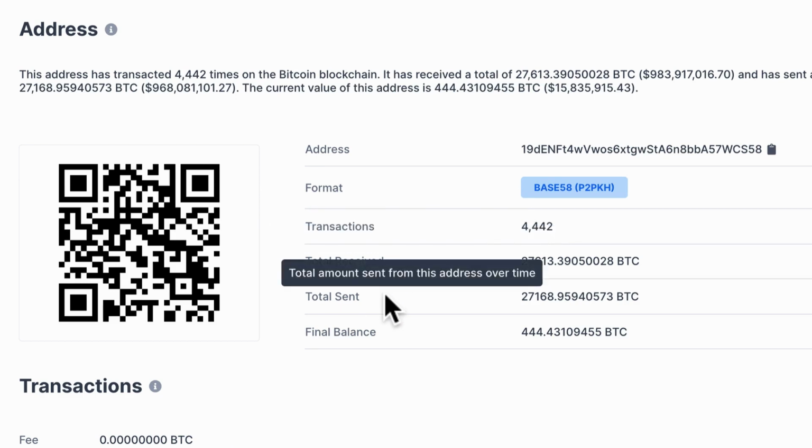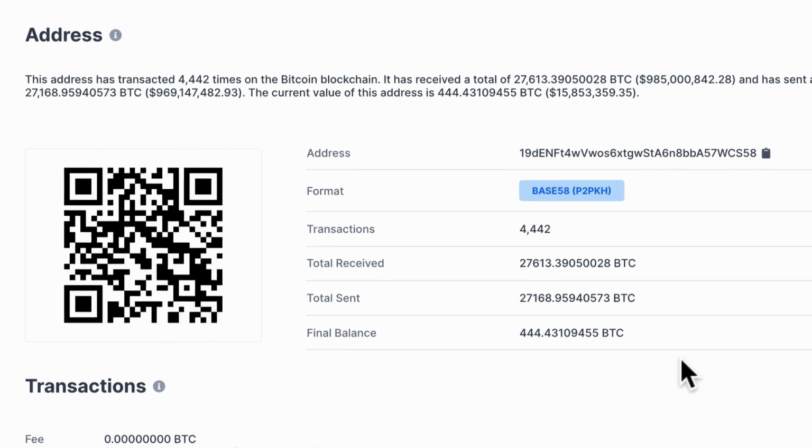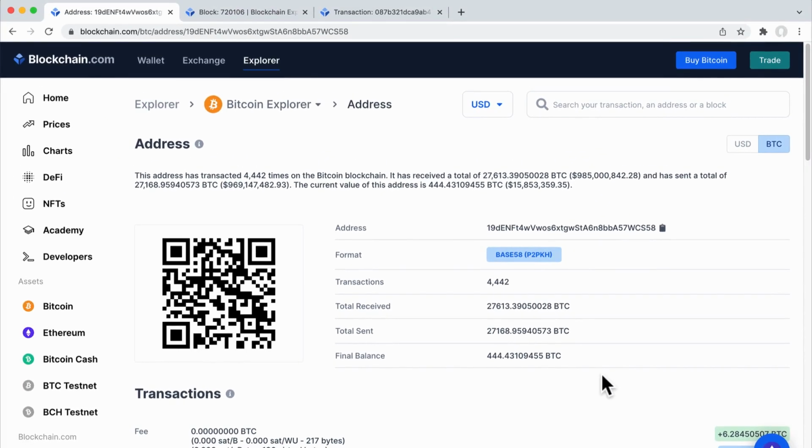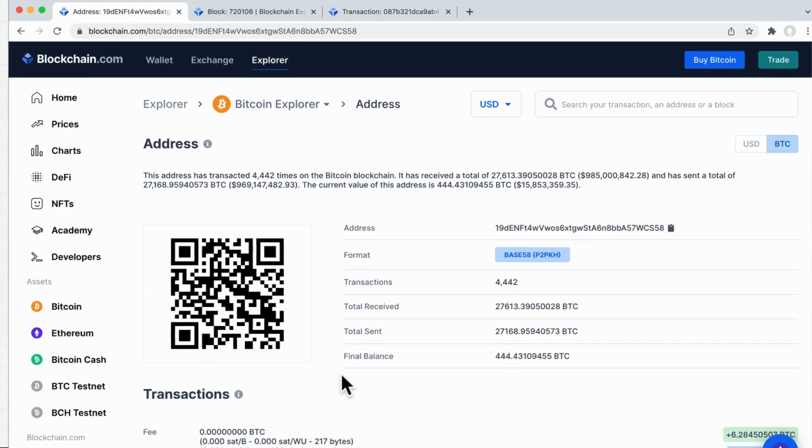To get the current amount available at this address, we can subtract the sent from the received, and we get that final balance. Both wallets and addresses are really important concepts when it comes to blockchain. So we'll spend our time both in this video and a future video really understanding them.